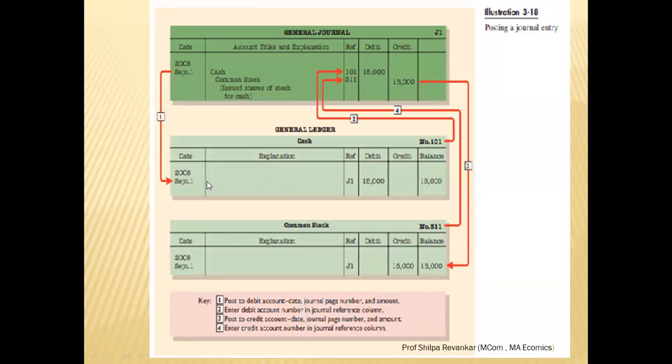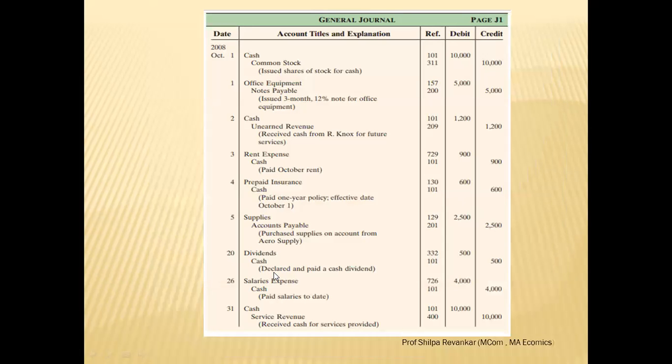For that, I'm giving the explanation: to common stock, or to capital. So by seeing that, we can understand from where that money has come. So to common stock, 15,000 is debited. Then we open a stock account or capital account. On the credit side, I'm going to write 15,000, by cash, meaning I have given cash to the business.